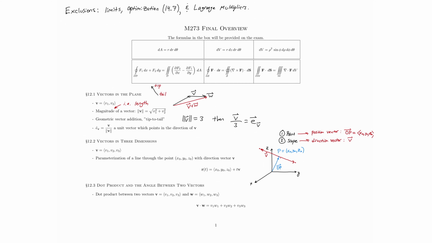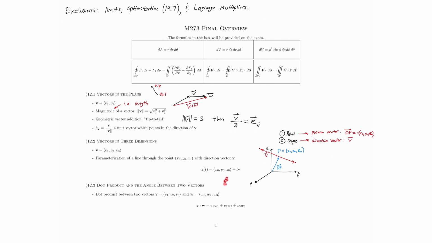So for t equals -1, we would do O to P minus 1 times v, and we'd include this point on the line. Now, if we multiply by t values bigger than 1, that's going to stretch the vector v in this direction. And if we multiply v by numbers less than -1, like -2 for instance, that would stretch the vector in this direction to include this point.